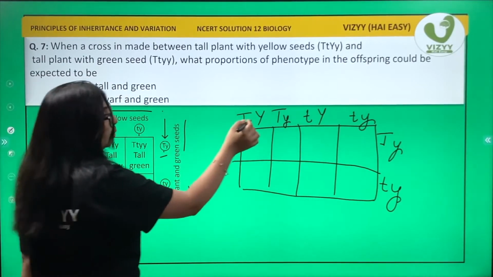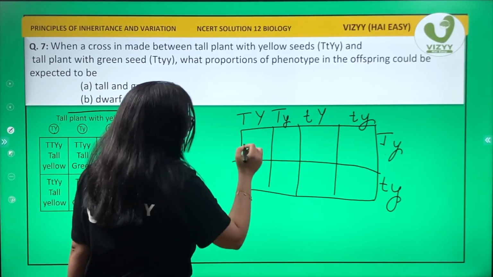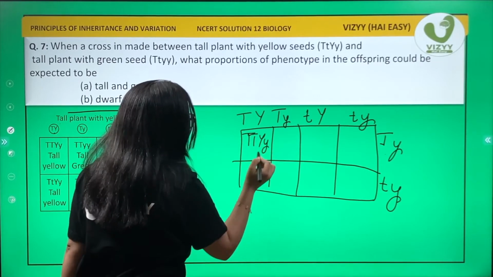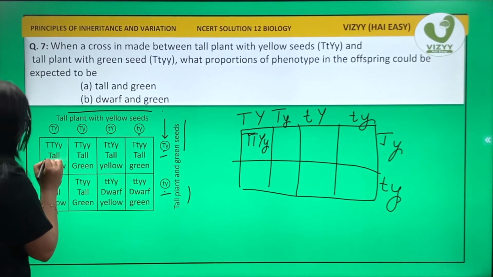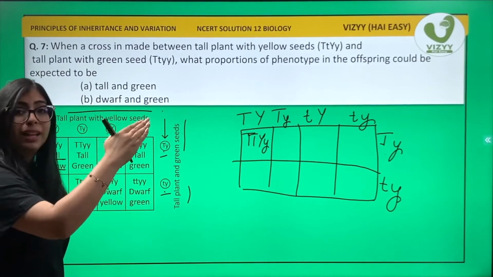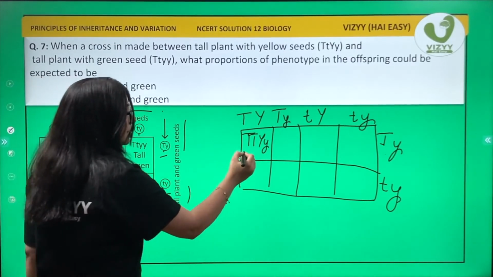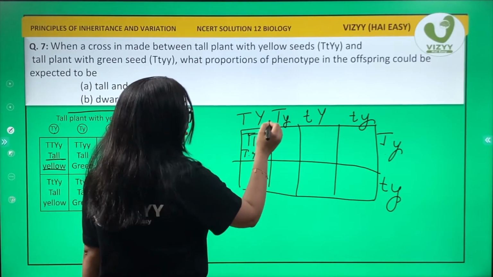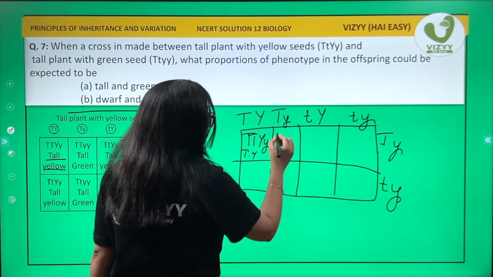Okay, now this crossed with this, we get capital T, capital Y, small y. Done? So, these students would be what? Tall and yellow. Now, this with this.